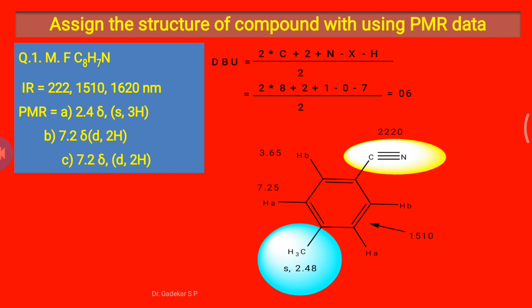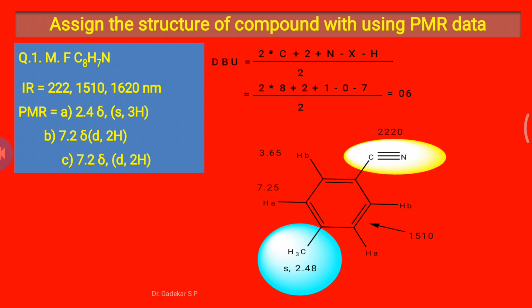So 3 signals indicate the compound contains 3 sets of protons. The first signal indicates a 3 hydrogen singlet, meaning this group has no neighboring protons, so these 3 protons are not split and give a singlet.